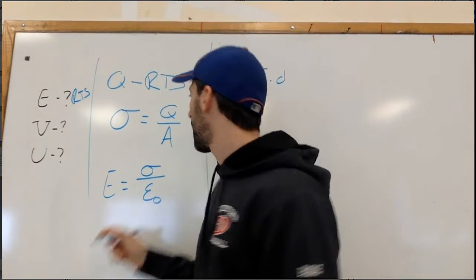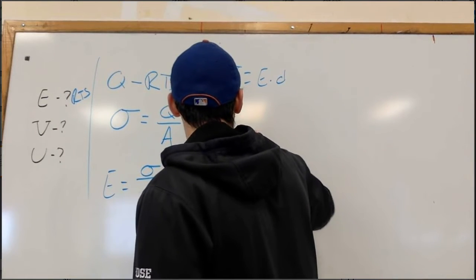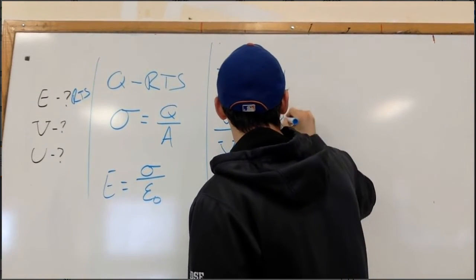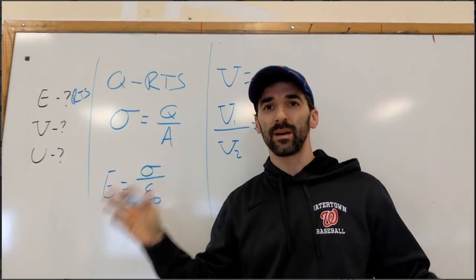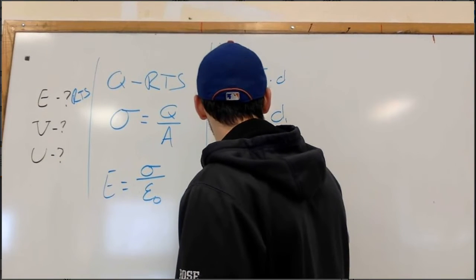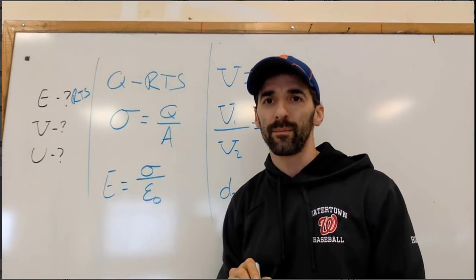So I can set up a proportion of V1 compared to V2 when I separate it out, how that compares to distance 1 divided by distance 2, my new distance, when my distance is getting bigger. And I'm going to define that distance 2 is 2 times distance 1.